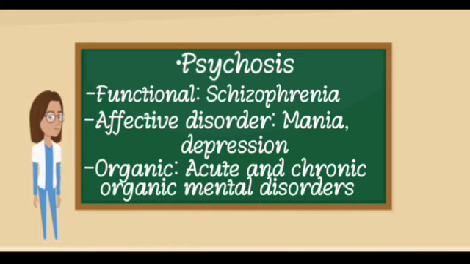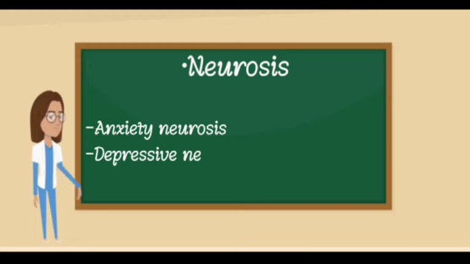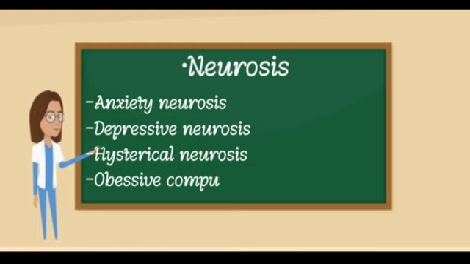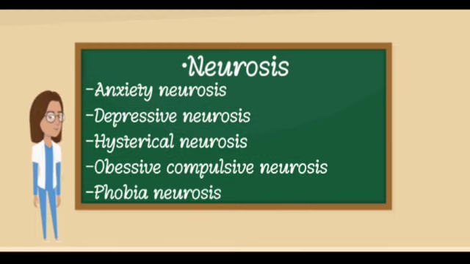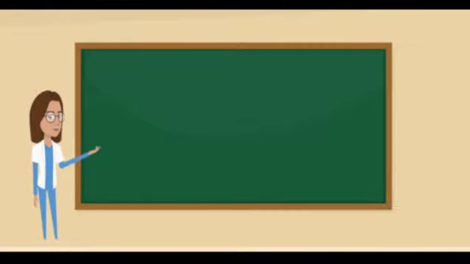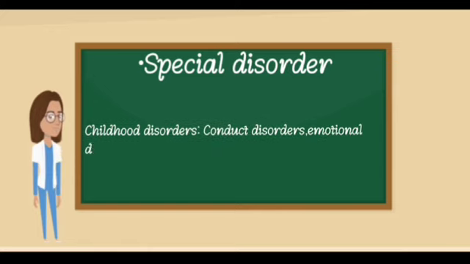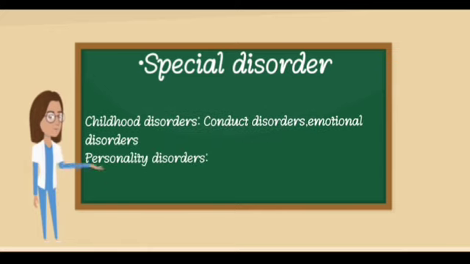Now we will move towards the second classification, that is neurosis, which comes under the Indian classification. In neurosis, there is anxiety neurosis, depressive neurosis, hysterical neurosis, obsessive compulsive neurosis, and phobic neurosis. The one more class under the Indian classification is special disorders. It has childhood disorders, which constitute conduct disorders and emotional disorders.